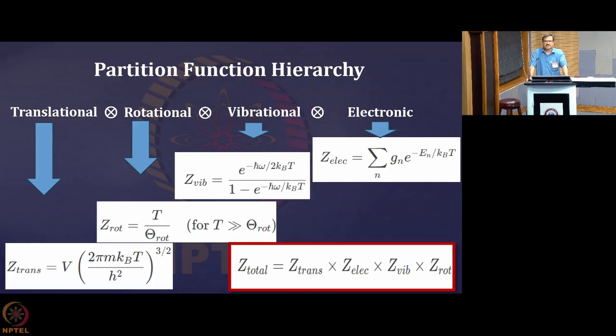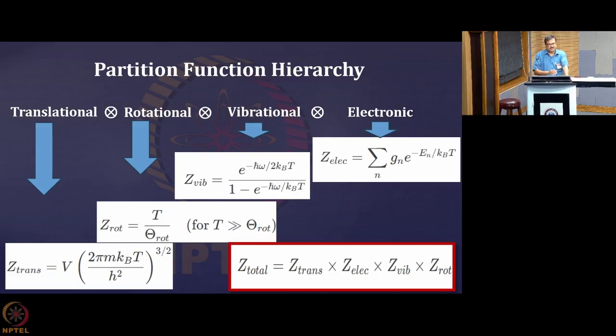So this is your electronic partition function that you can calculate. Once you know the translational, rotational, vibrational, and electronic partition functions, this is applicable when you are handling a molecule. When you are handling an atom, of course there is no rotational and vibrational part, so you will have translational and electronic partition functions.